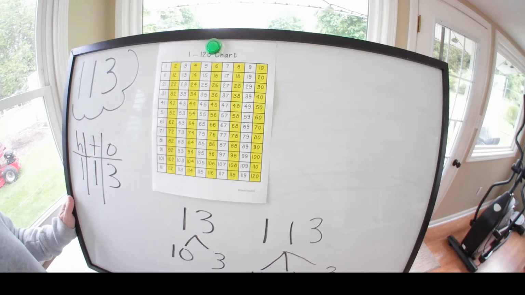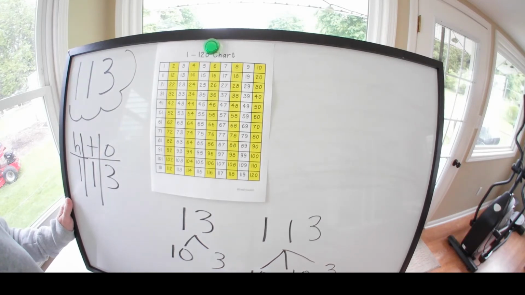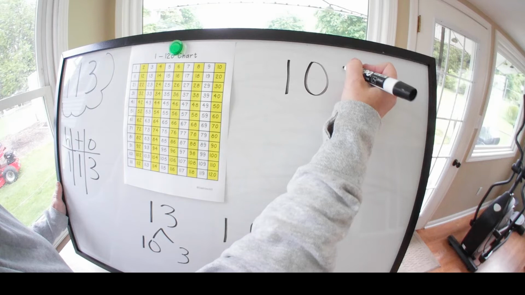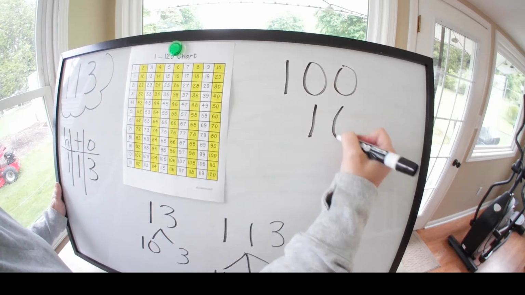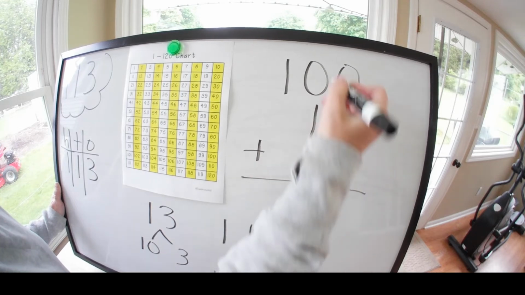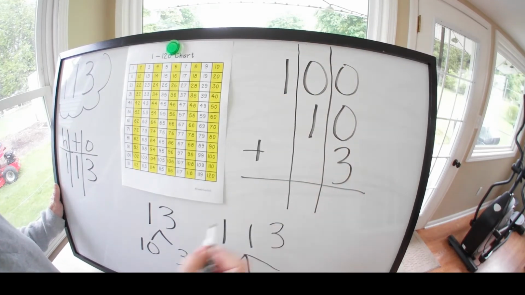Now, watch what happens. To make the number 113, what I basically have to do is just get rid of my zeros. Okay, so watch this. I have 100 plus 10 plus 3. And you're going, well, I can't do that. You absolutely can do that. Watch this.